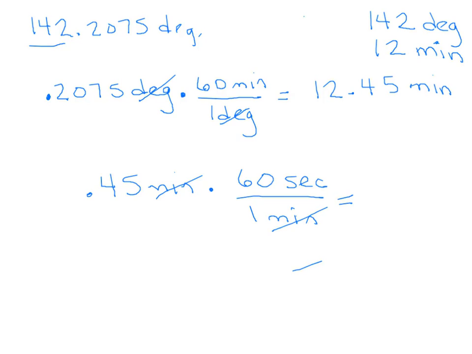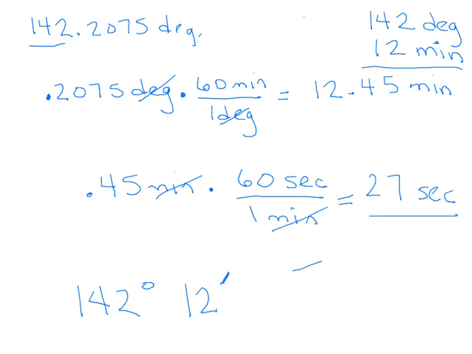What do I get? 0.45 times 60, 27 seconds. So my final answer is 142 degrees, 12 minutes, and 27 seconds. And that's how I change it from degrees to degrees, minutes, and seconds. Okay? Any questions?